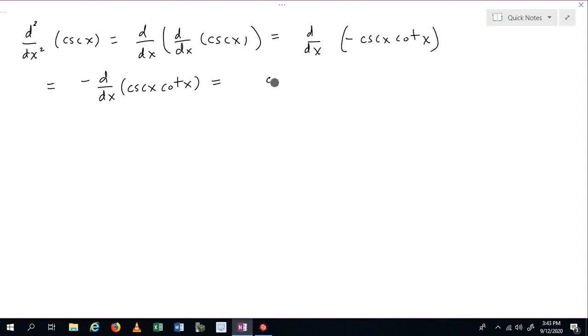It's the first times the derivative of the second plus the second function times the derivative of the first one. And then don't forget there's a minus sign that sits out in front of all this.